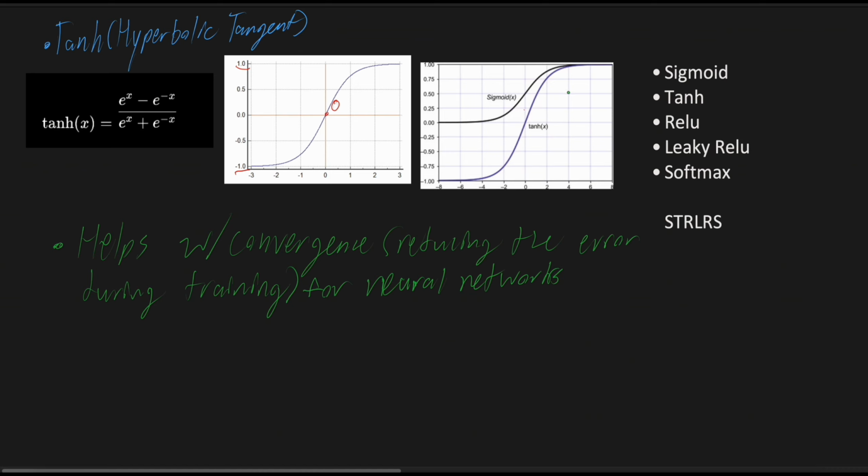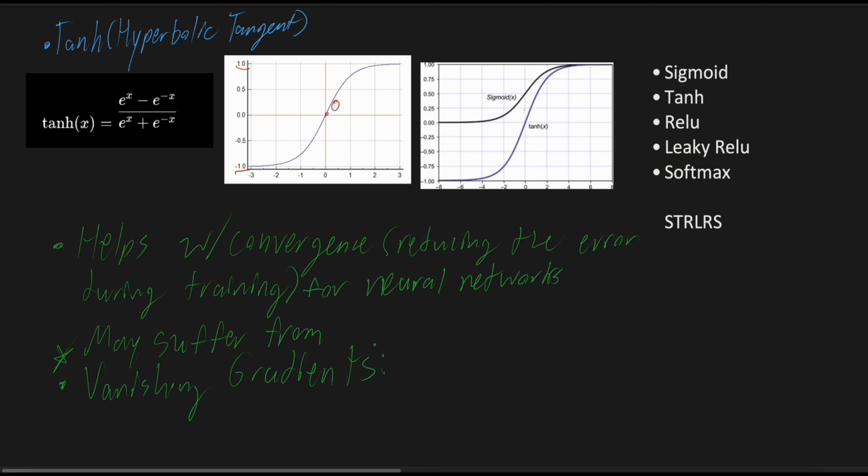the hyperbolic tangent function also suffers from a concept called vanishing gradient. A little side context, it may suffer from vanishing gradients.